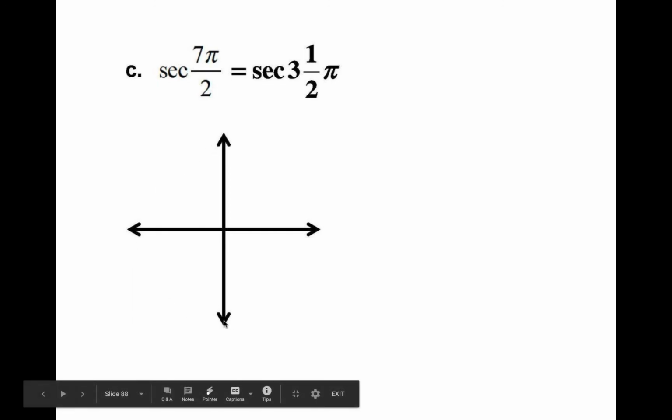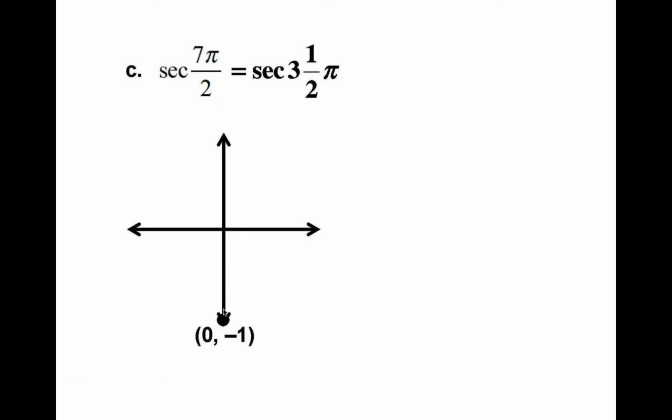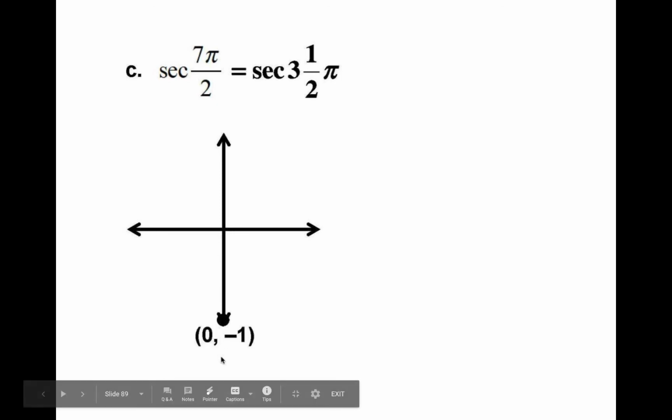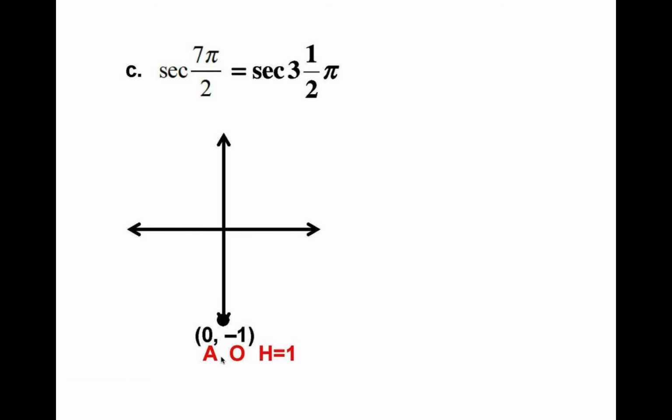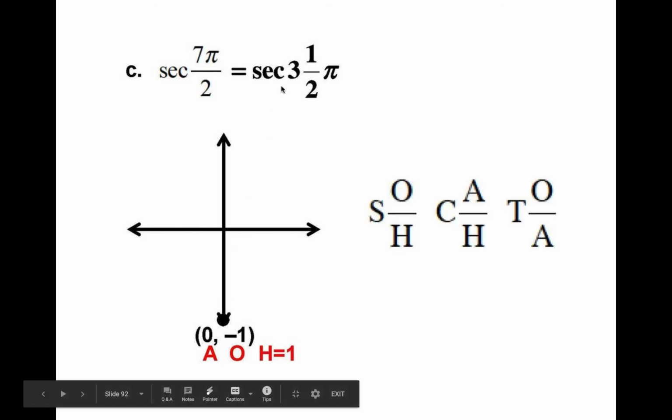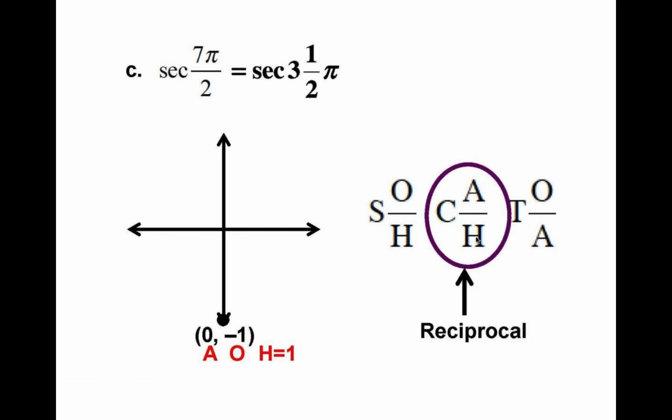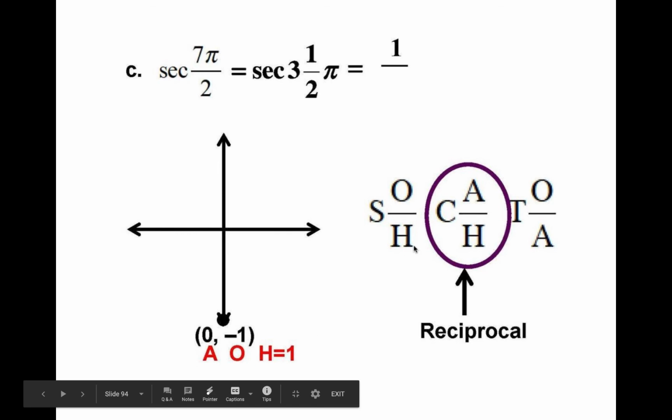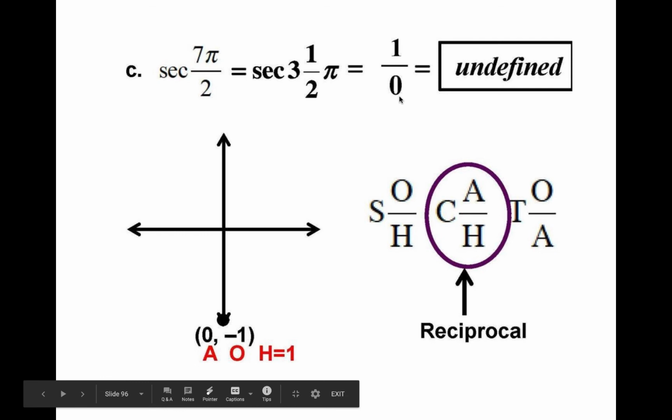So it's down here. Going down 1, that would be 0, -1. And then we label our adjacent and opposite with a hypotenuse of 1. We're doing secant. Secant is the reciprocal of cosine. So it's hypotenuse, which is 1, divided by the adjacent side, which is 0. And you can't divide by 0, so this is undefined.